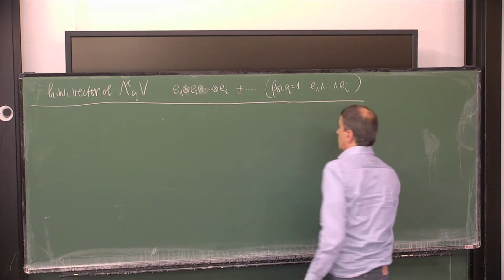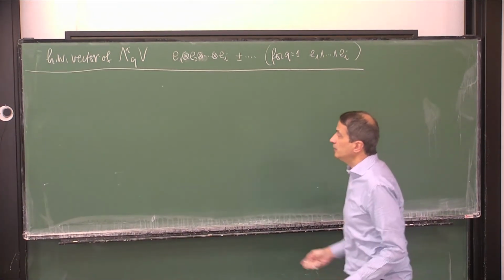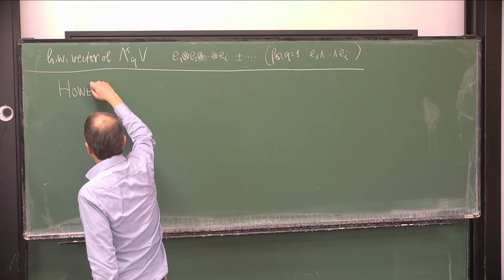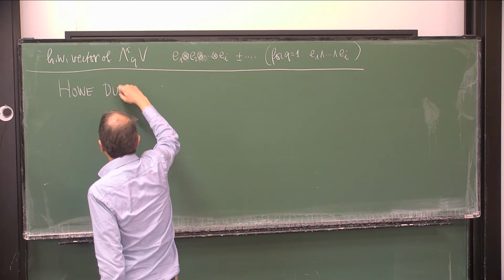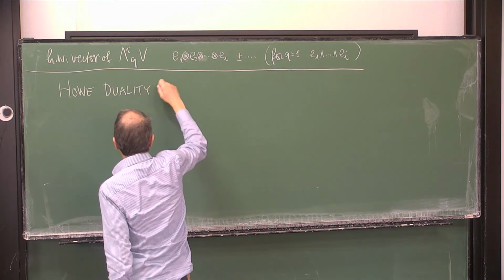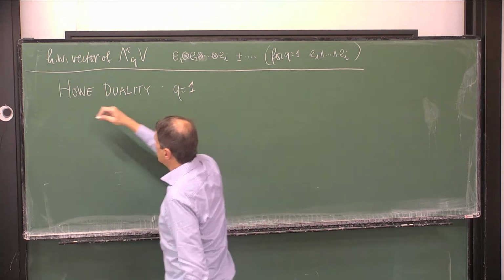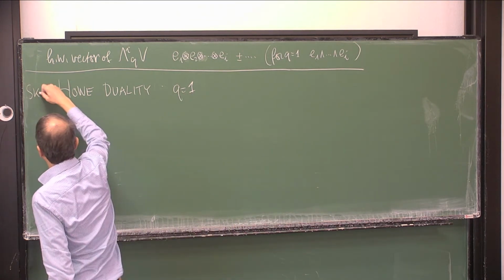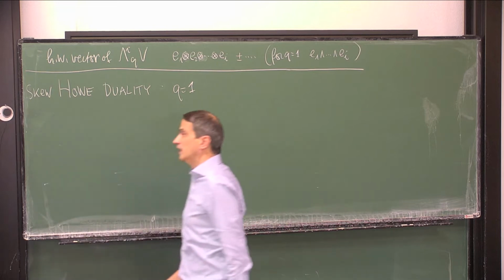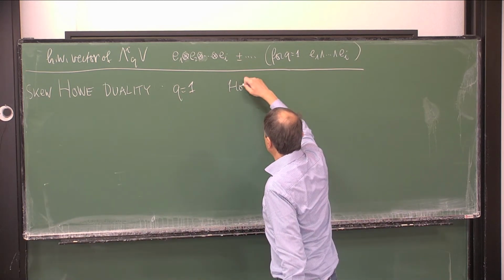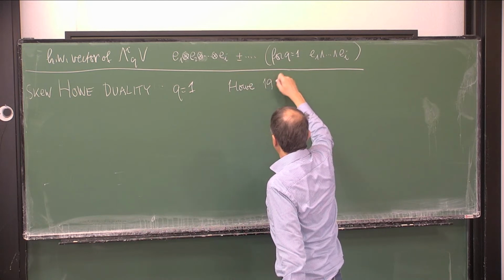Okay, so let me talk about Howe duality now, in the classical case for q equal to 1. So this is sometimes called skew Howe duality. This is in a paper of Howe of 1995.